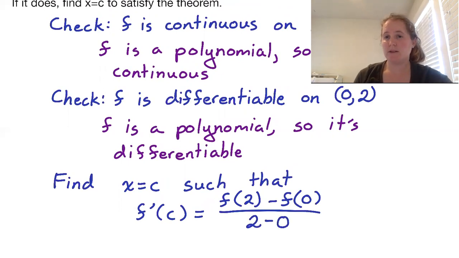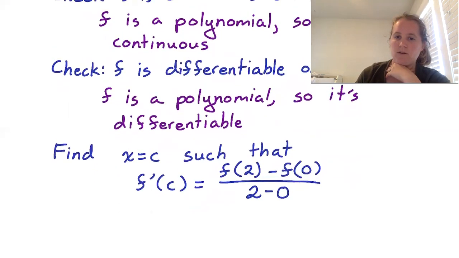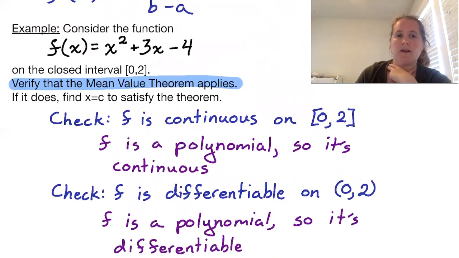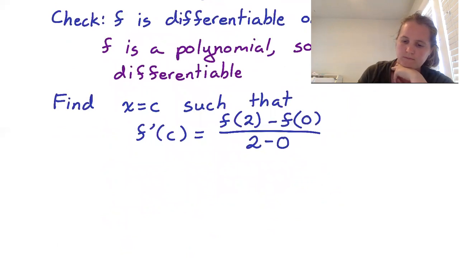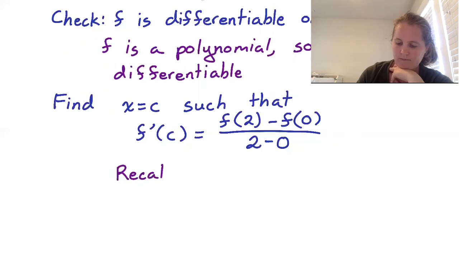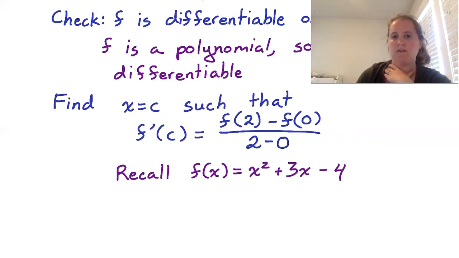So the first thing we need to do is find f of 2 minus f of 0 all over 2 minus 0. But f is x squared plus 3x minus 4. So recall, f of x equals x squared plus 3x minus 4.